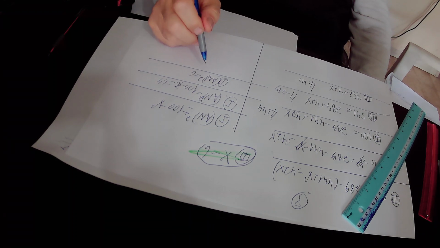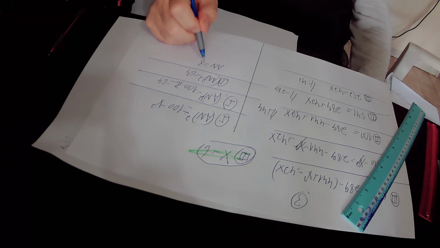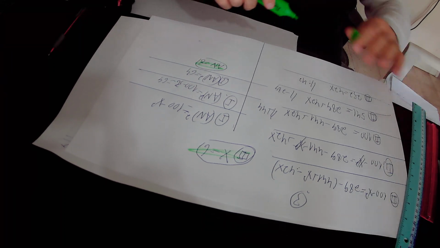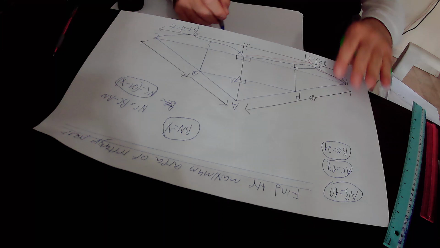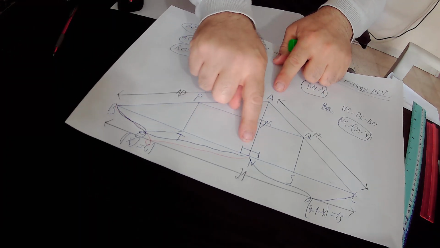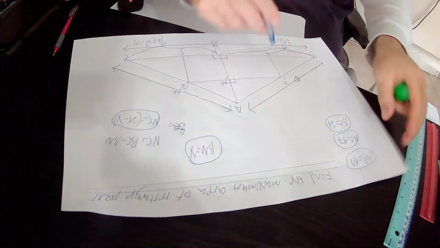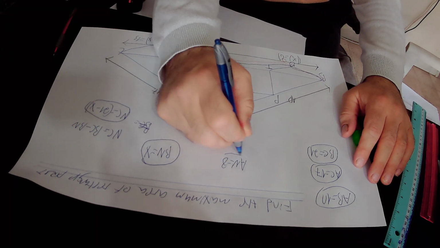We take the square root of this equation and get that AN equals the square root of 64, that is 8. AN equals 8. So this is line segment AN, and it is equal to 8 units in length, so I write it down. AN equals 8 units in length.